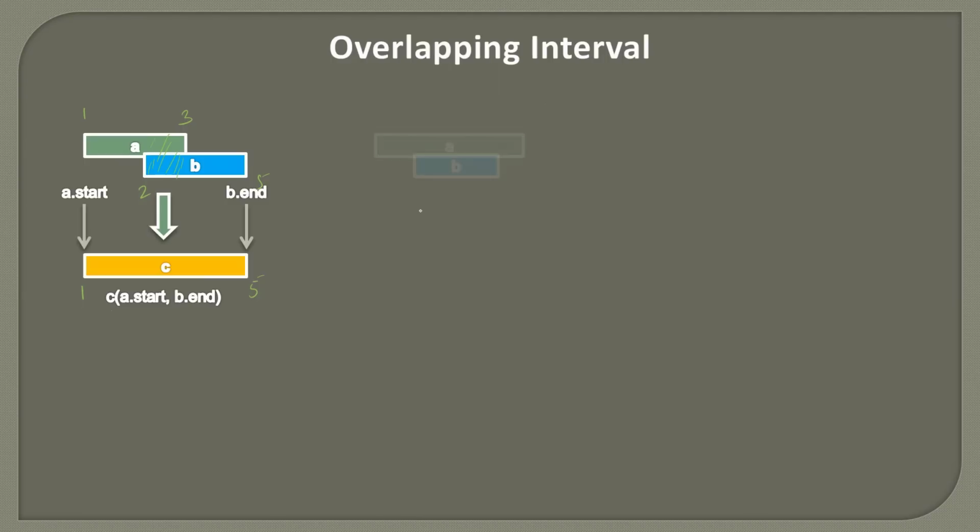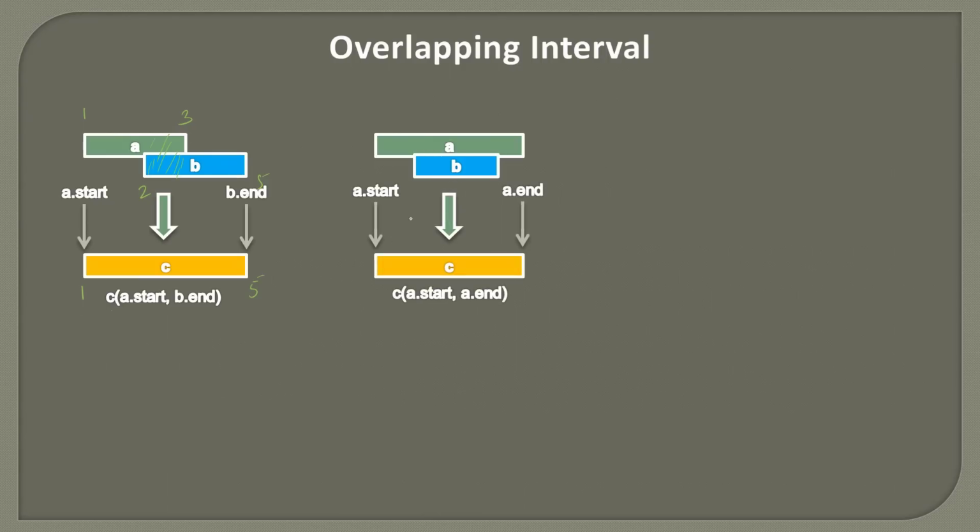We'll see another use case. Let's say A completely overlaps B. In this case, if we merge these two intervals, let's say we put A on top of B, it would look something like this: C start becomes A start because this is the start of the interval, and as A completely overlaps B, C's end will become A's end like this.